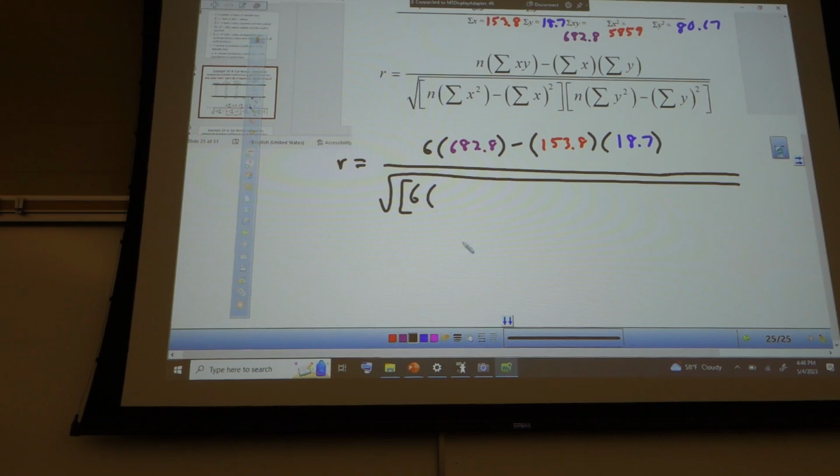My n, which is 6, times the sum of the x's squared, 5859, minus the sum of the x's, 153.8, that amount squared, times, again, 6 times the sum of the y squareds, 80.67, minus the sum of the y's, 18.7, that amount squared. Okay.